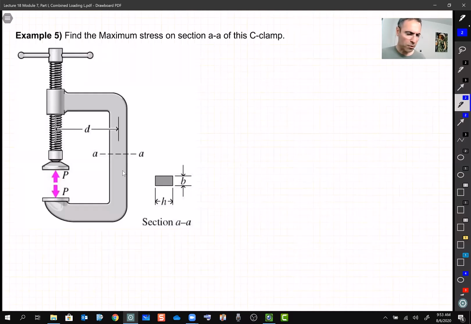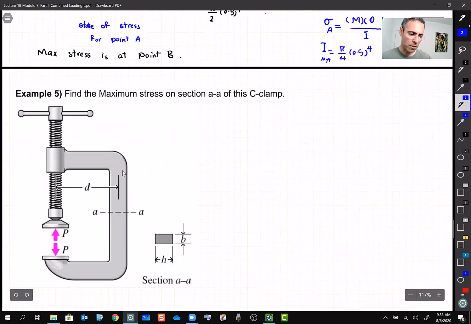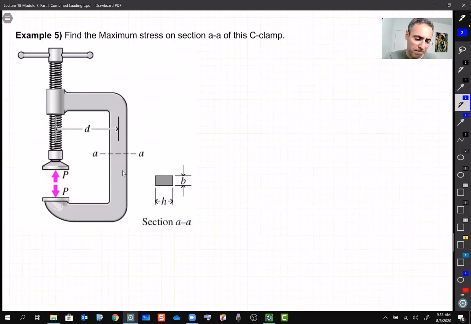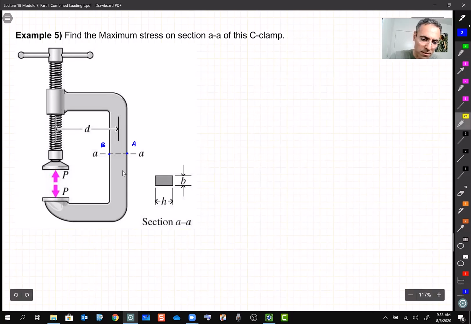what do you have on your note, example 5? Remember we solved example 4, that one, which everybody was confused. Now it is an easy example for you. So example 5, now it should be very easy for you guys to find out. So this is your point B, this is your point A. You know you have to only focus at point B because we know, right?